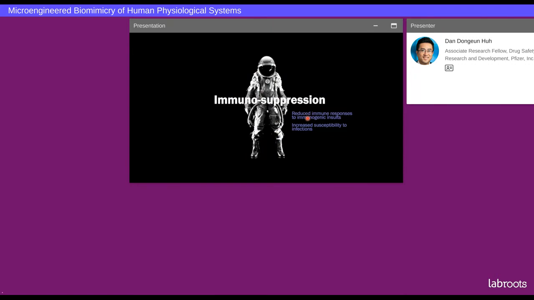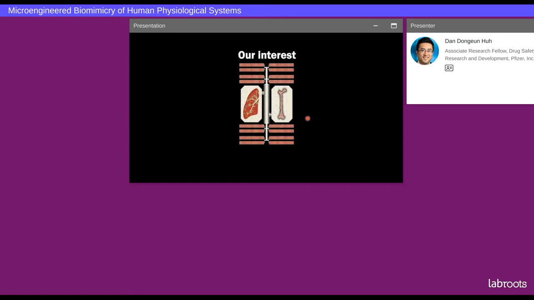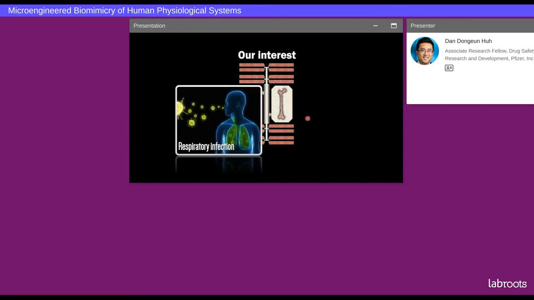It's been known for many years that astronauts get sick more easily during or right after space flight, and there's some evidence that the microgravity environment compromises our immune function. So we're investigating this interesting space phenomenon using our model systems.